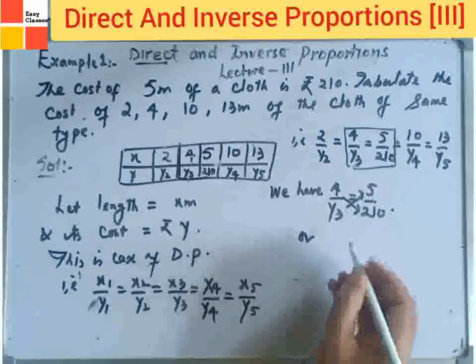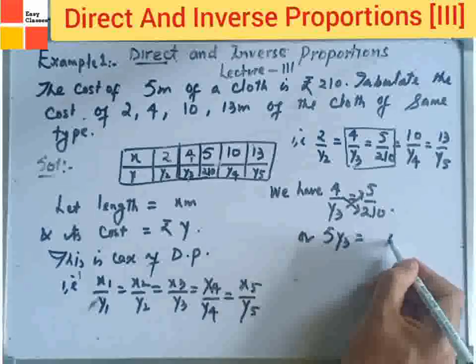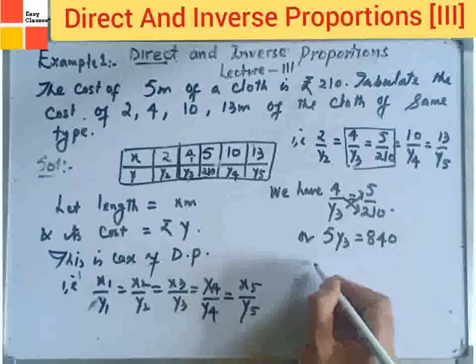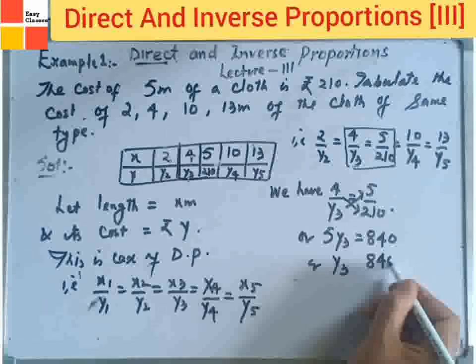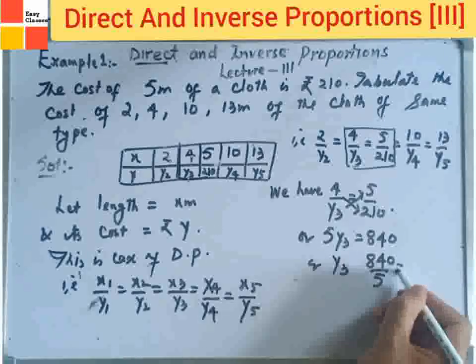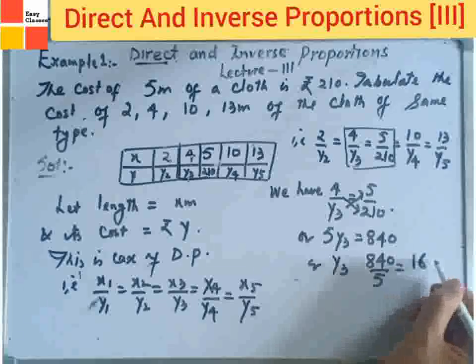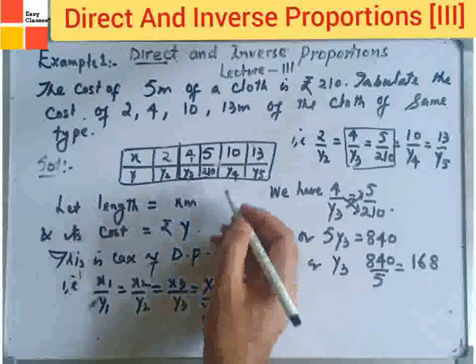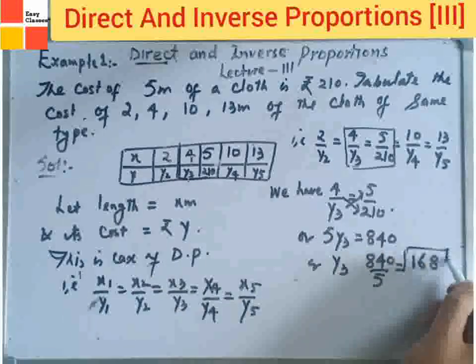So it will be 5y3 is equal to 4 zeros are 0, 4 ones are 4, 4 twos are 8, so 840. Or y3 is equal to 840 divided by 5, 5 ones are 5, 5 6s are 30, 5 8s are 40. So y3 will be equal to 168.